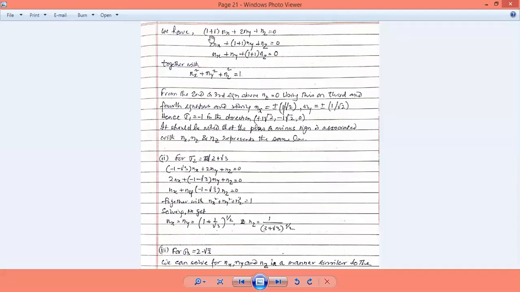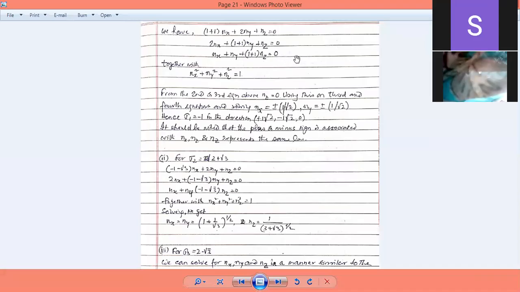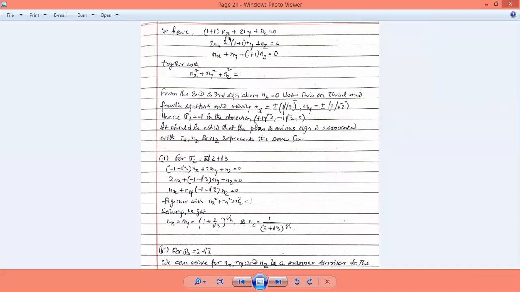Sigma x and sigma we have put, but we don't know the value of sigma and the direction cosines here. And we know that the sum of the squares of the direction cosines is equal to 1, not 0. It was wrongly written on the earlier page.